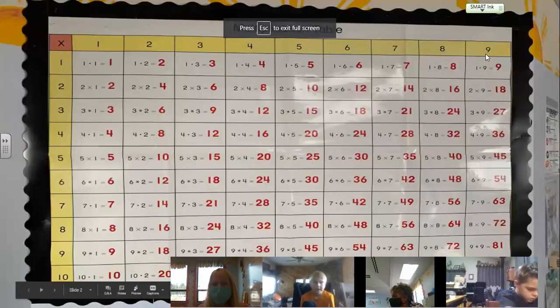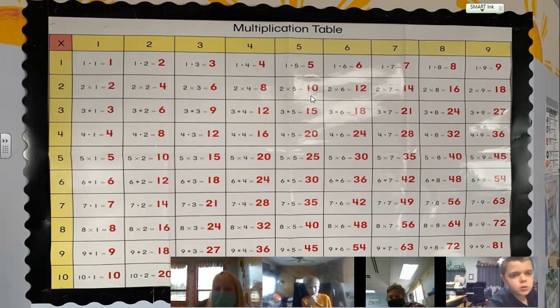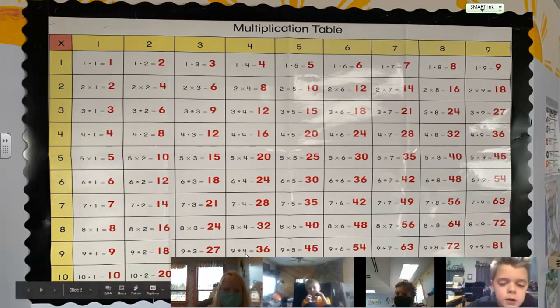Let's go through and look at our 5s. We kind of reviewed them before, but let's do it together. Ready? 1 times 5, 2 times 5, 3 times 5, 4 times 5, 5 times 5, 6 times 5, 7 times 5, 8 times 5, 9 times 5, and 10 times 5 is 50.